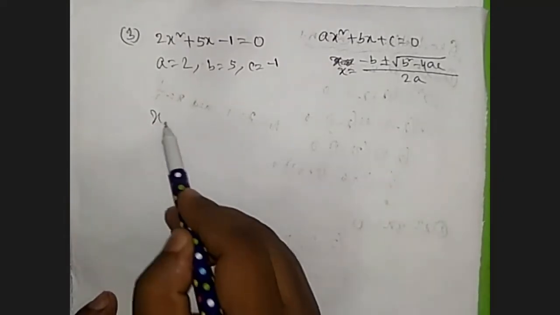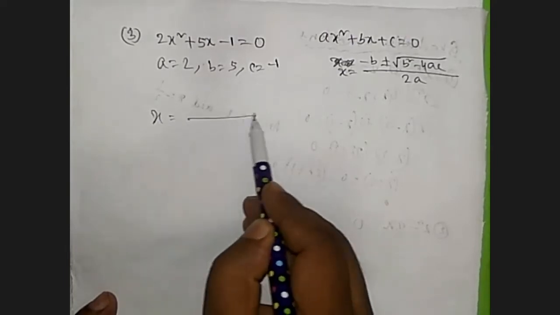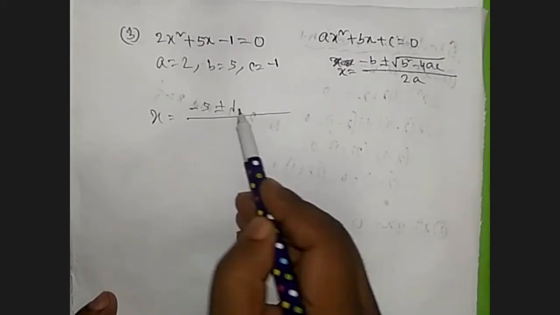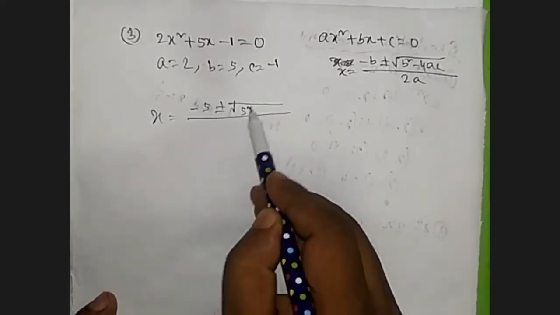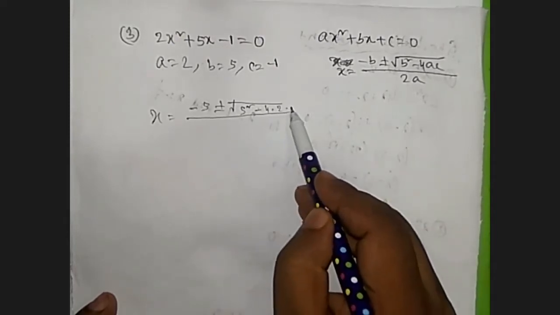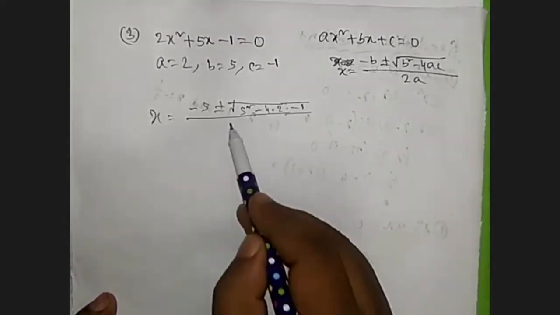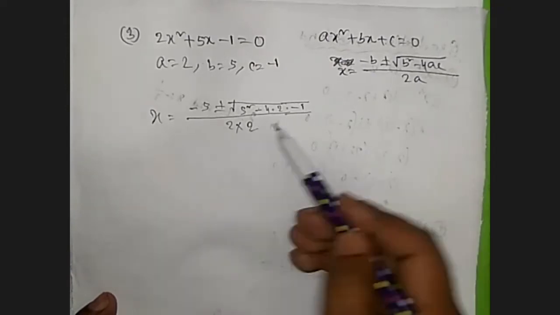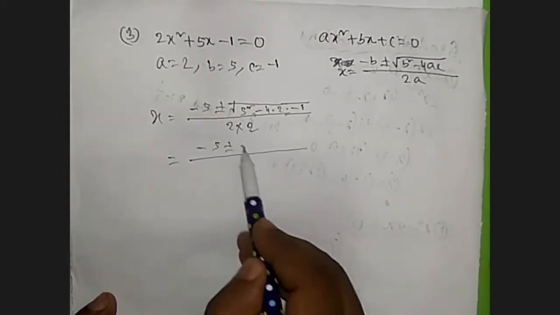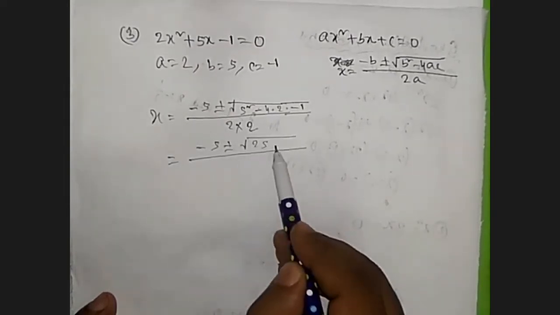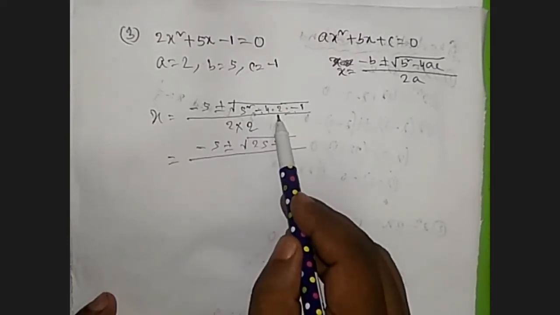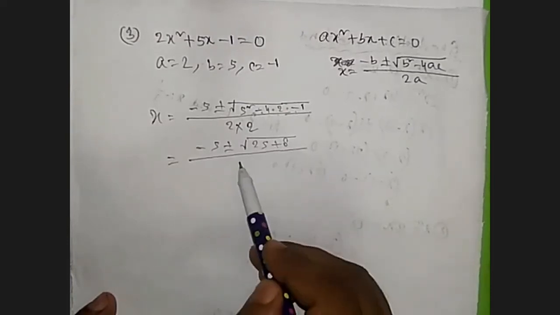So x equals to minus 5 plus or minus root over 5 square minus 4 times a is 2, c is minus 1, then 2 times 2. Let us simplify. This is minus 5 plus or minus root over 25 plus 8, and this is 4.